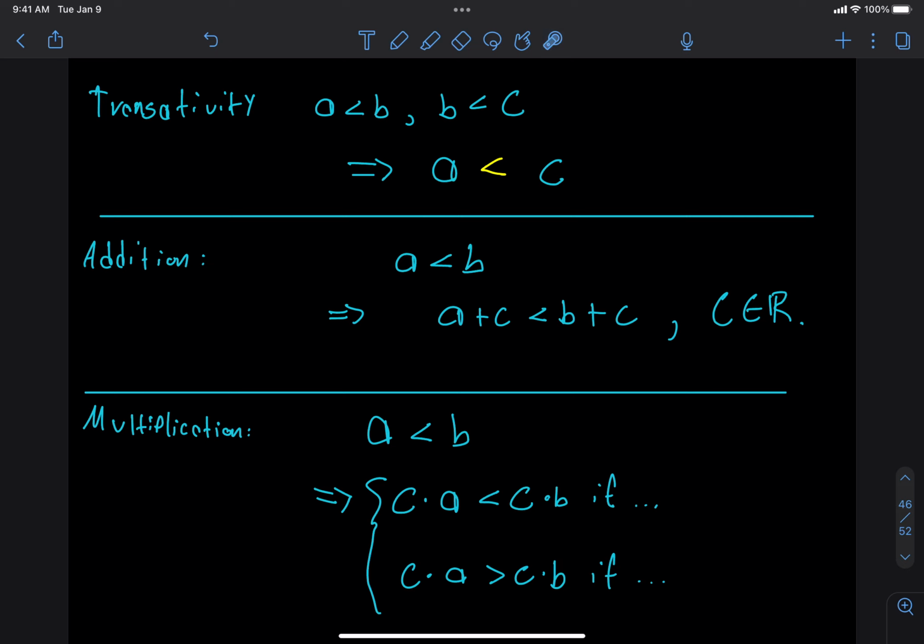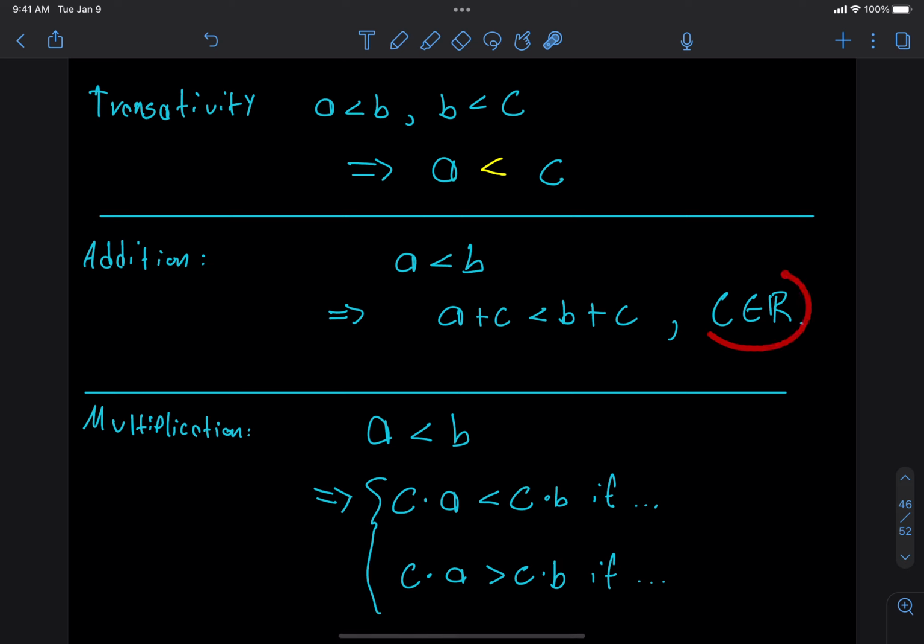So then let's do another thing. Also, we can add things to both sides and preserve the inequality. Okay, so if A is less than B, if I add C to both sides, this inequality is still true, for any number that I add.